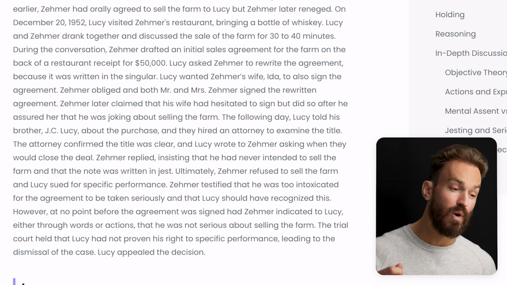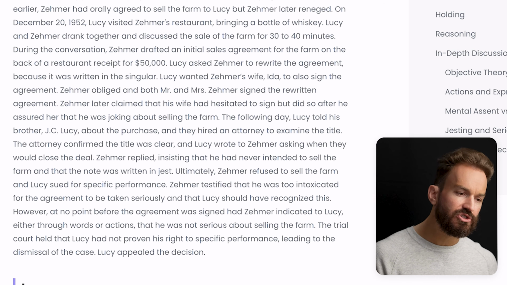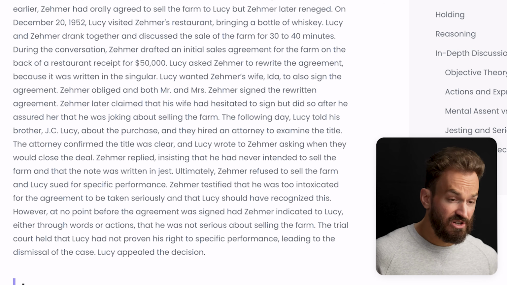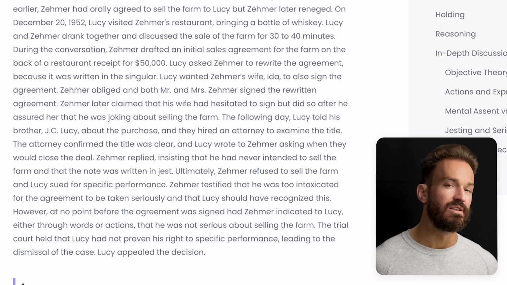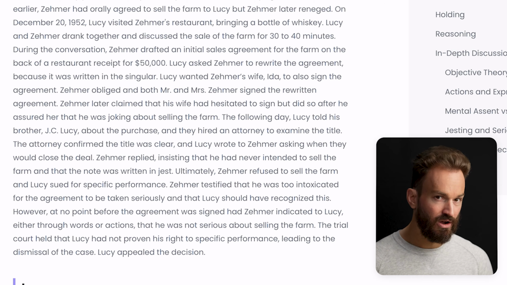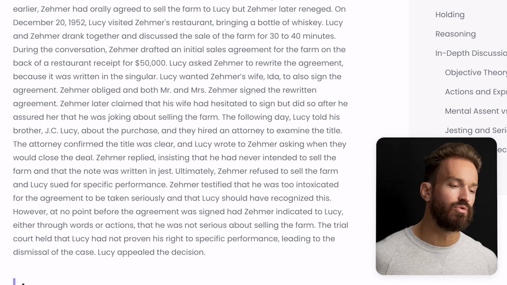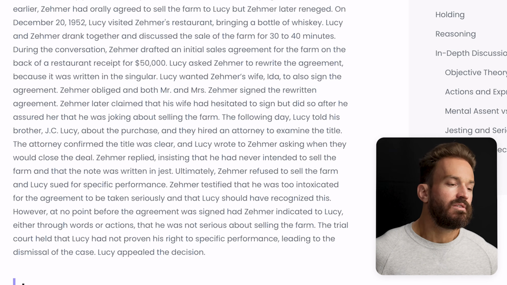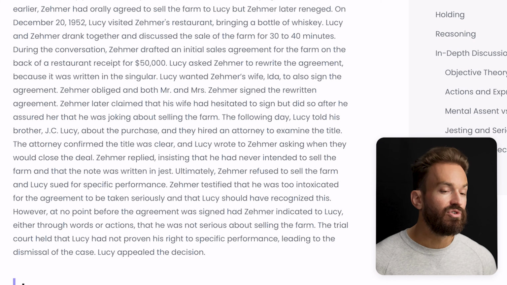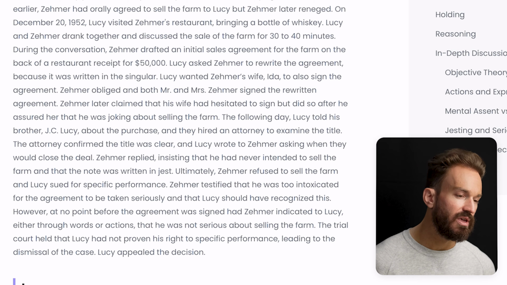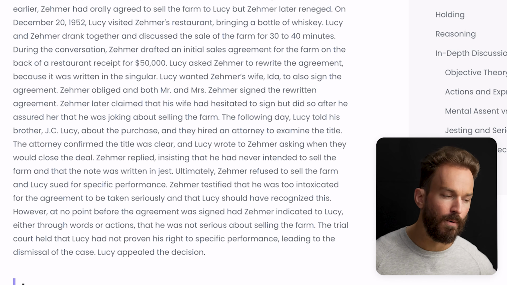Lucy wanted Zehmer's wife, Ida, to also sign the agreement. Zehmer obliged, and both Mr. and Mrs. Zehmer signed the rewritten agreement on the restaurant receipt. Zehmer later claimed that his wife had hesitated to sign, but did so after he assured her that he was joking about selling the farm.